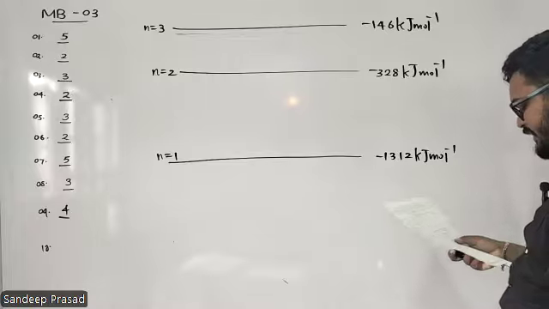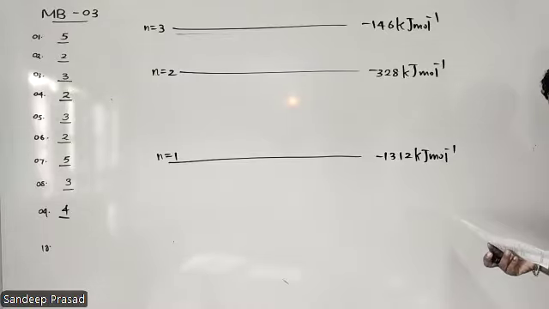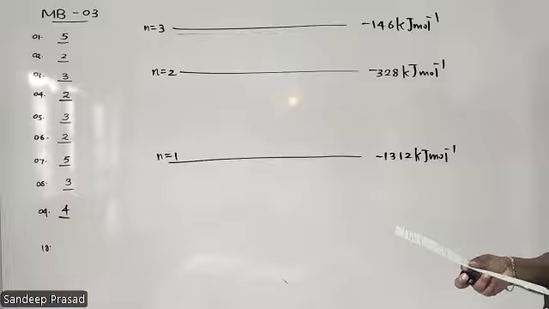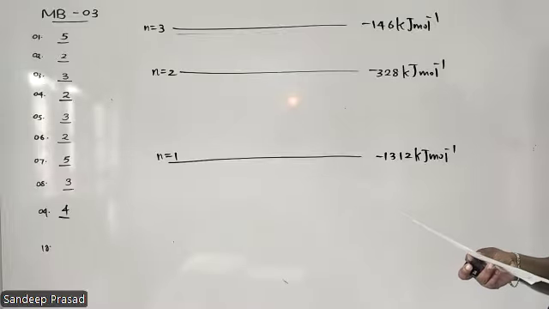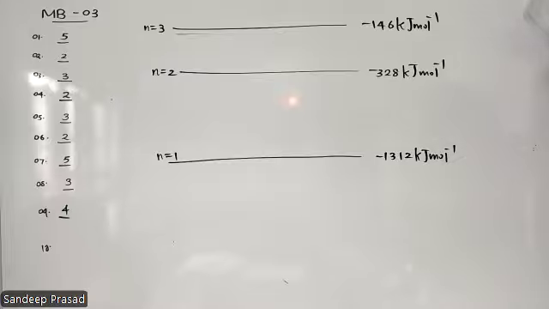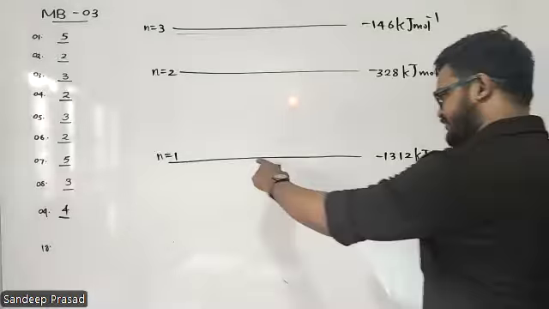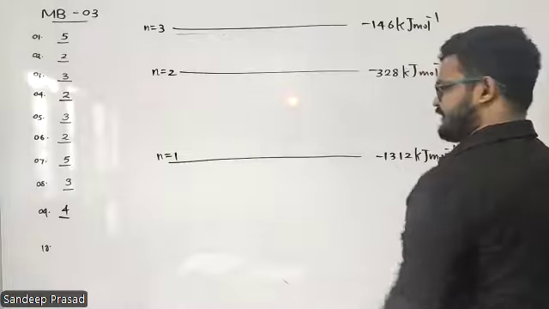Now they're asking here: the minimum frequency of the wave which could ionize a hydrogen atom is. Minimum frequency. Now we know, students, how many electron transitions are possible here? Just imagine the electron in the hydrogen atom is in the first principal energy level.